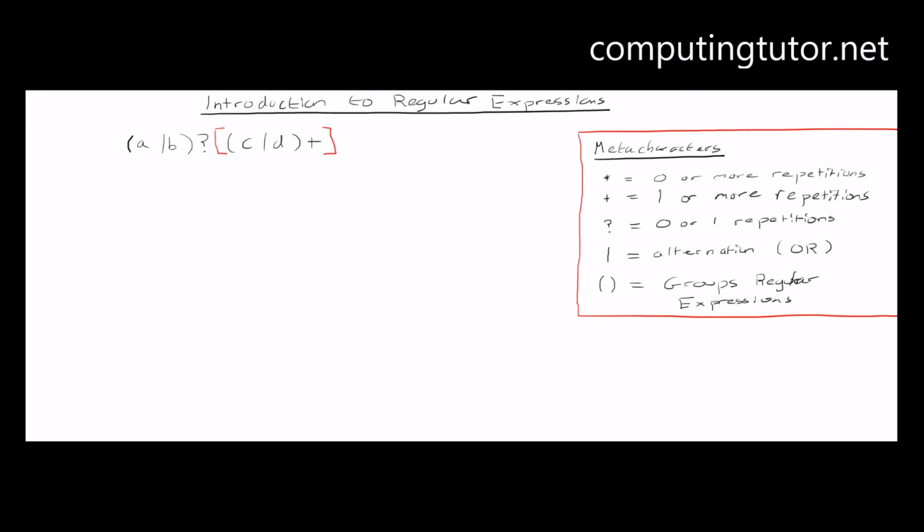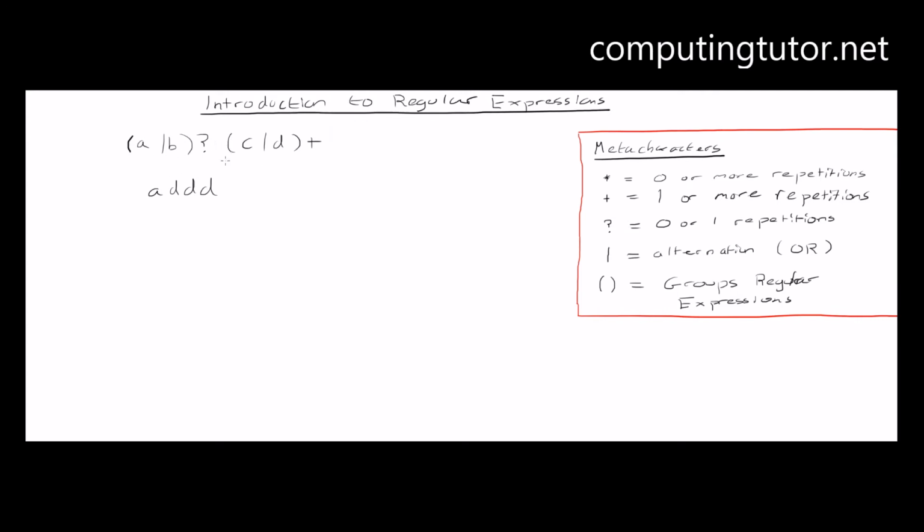So I'm just going to give you some examples of strings that would be accepted by this regular expression. One string that this regular expression would accept would be A, D, D, D. The reason it would accept that string is that to begin with we've got 0 or 1 repetitions of A or B, and at the beginning of my string I've got 1 repetition of A, so that's acceptable.